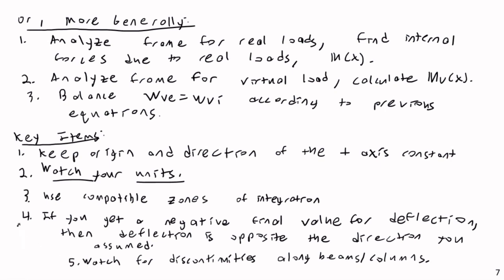Yeah, that is kind of funny, and appropriate, there's a discontinuity right here. I'm not going to fix it, I'm just going to let you watch out for it. Watching for discontinuities means you're watching for other loads coming in, changes in cross-sectional area, connection points, whatever it might be. Anytime there's a discontinuity in your beam or your column, you're going to need a new boundary of integration there.